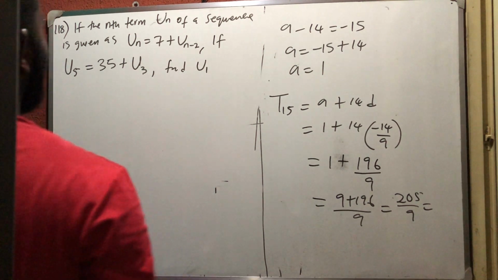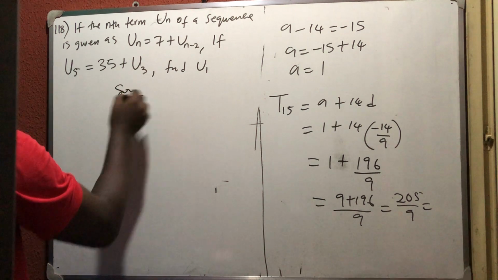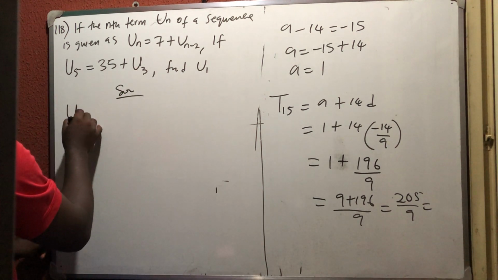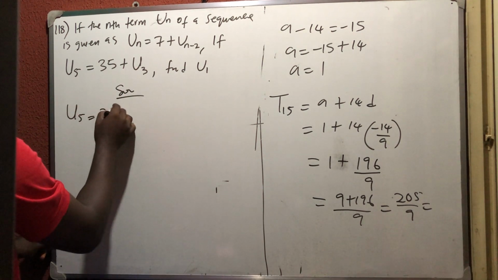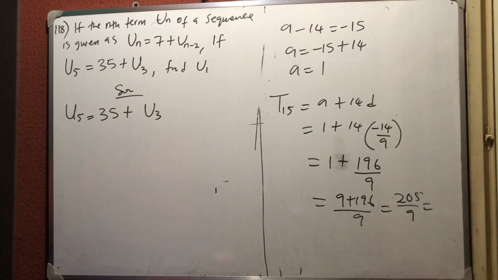Okay, so we want to find u1. Now to find u1, let's go there now. Solution. From what they gave us, they said that u5 is equal to what? 35 plus u3.